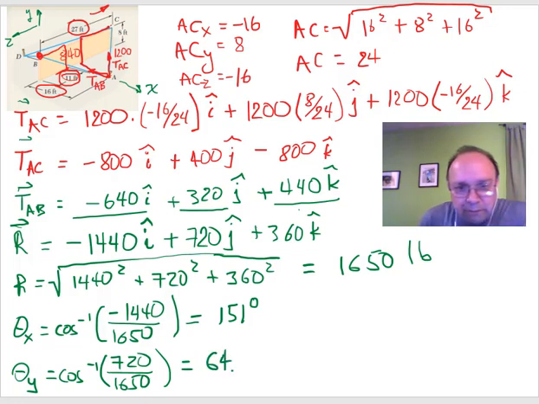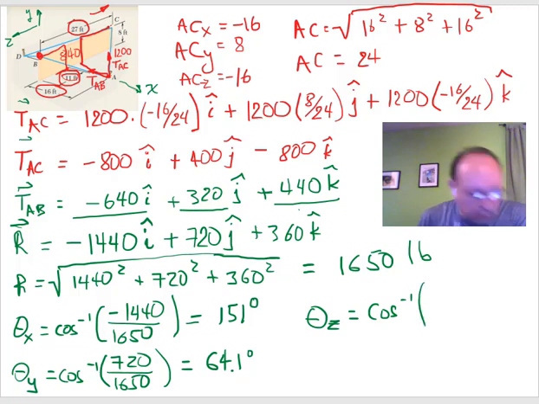And theta z will be cosine inverse of 360, actually this is negative. I made a mistake here. This is minus 800 plus 440, which is minus 360.